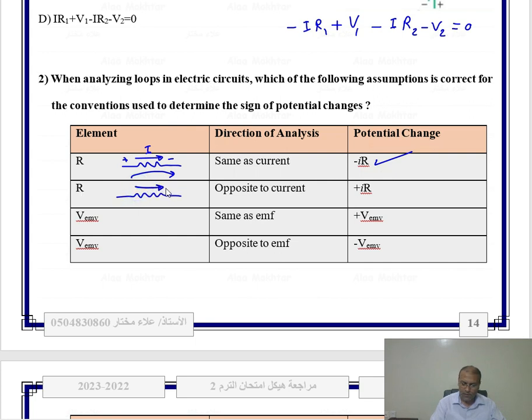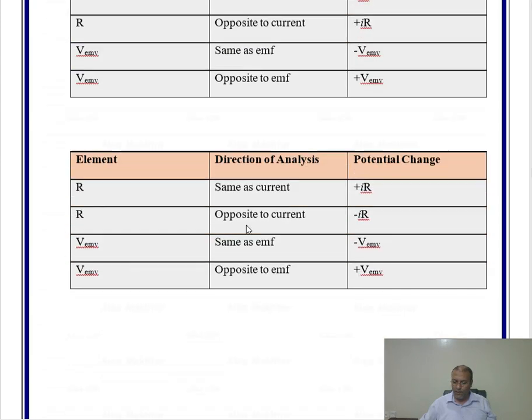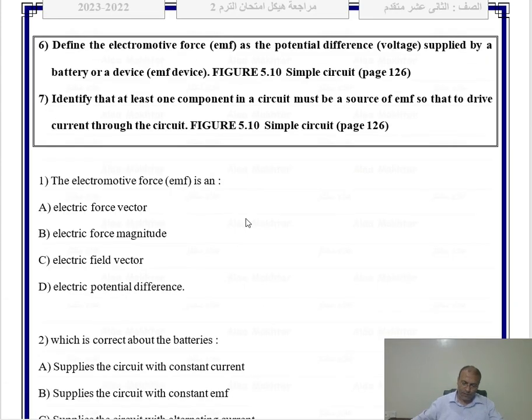Resistance, current, positive, negative, opposite to current, positive IR, it's correct. EMF, same as EMF, I found the positive EMF. EMF opposite, negative EMF. So this table, all of this table is correct, as you see. Other table, not correct.